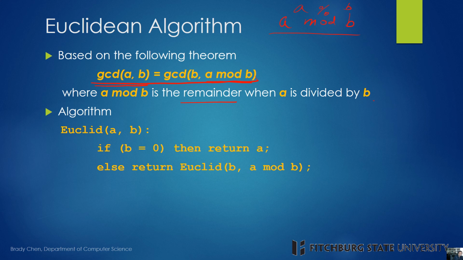Now, what does that mean? The remainder should be A modulo B, which is the remainder when A is divided by B. So the remainder must be smaller than B, right?